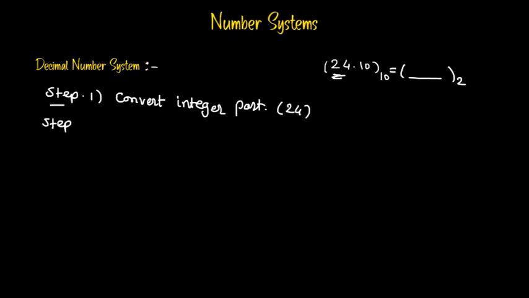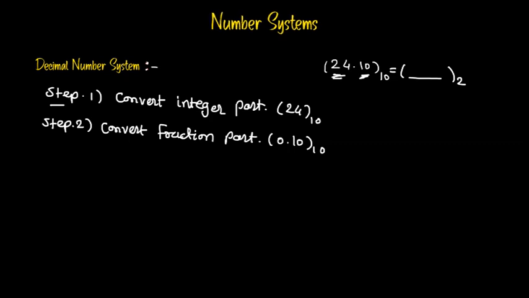Step 2, convert the fraction part. In this case, 0.10 is the fraction part of the decimal number. Both are in decimal.